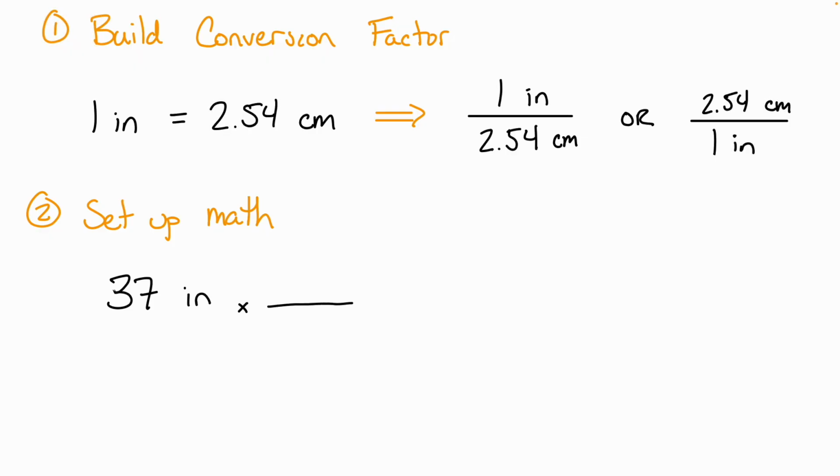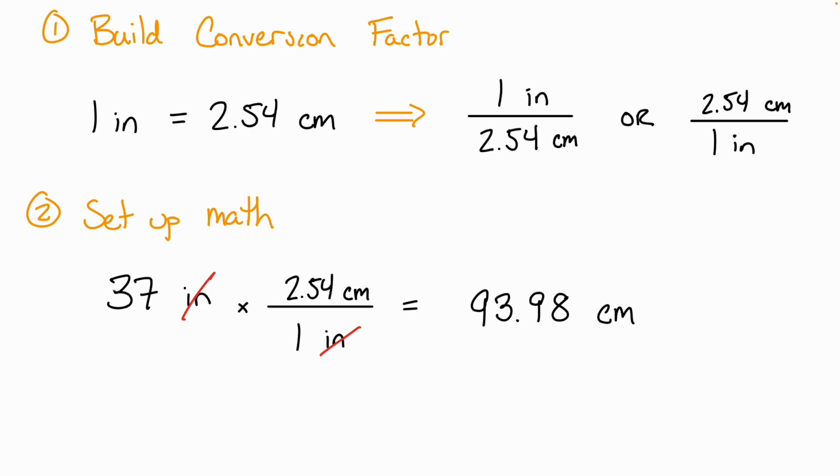So I'm going to take this 37 inches and multiply it by which one of these two conversion factors? The one on the left or the one on the right? The one on the right, because that puts those units of inches on the bottom, centimeters on the top. Punch that into my calculator, I get 93.98. And what are my units? Centimeters, because I did all that work to make sure I got rid of inches, and I'm left with centimeters. And then I'm done.